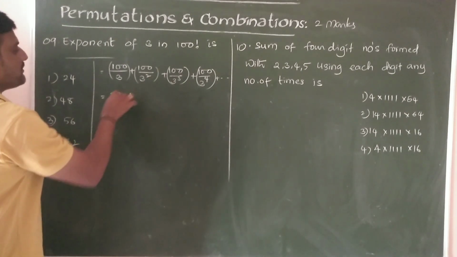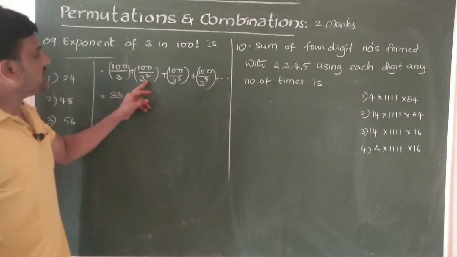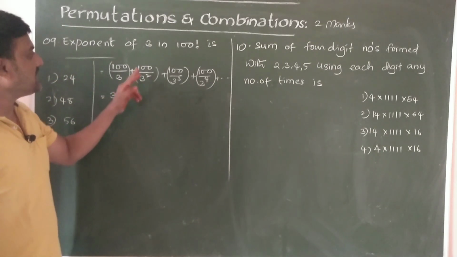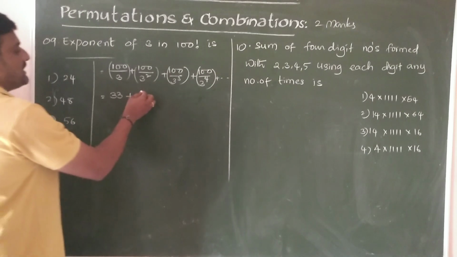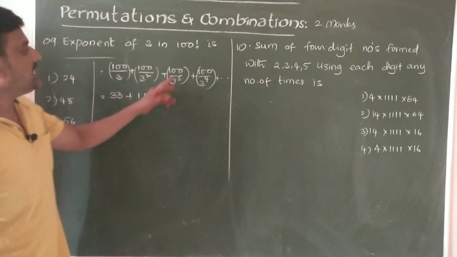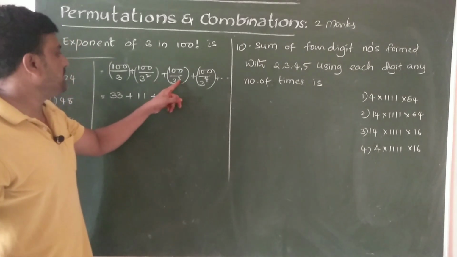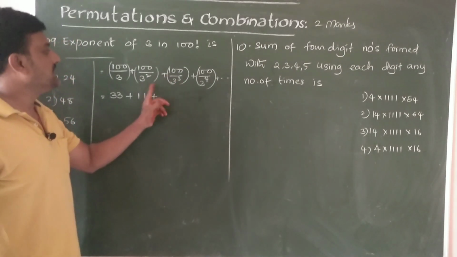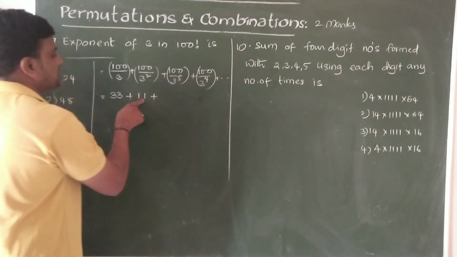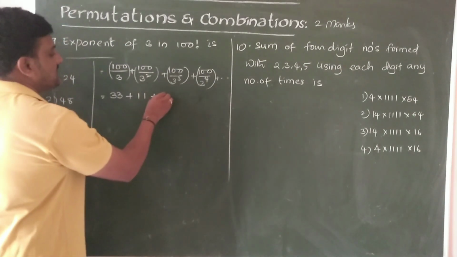Okay. Plus 100 by 3 square, simple, 33 by 3. How many are there? 11. In 100, how many 3 cubes are there? Simply 11 by 3. How many 3's are in 11? 3.